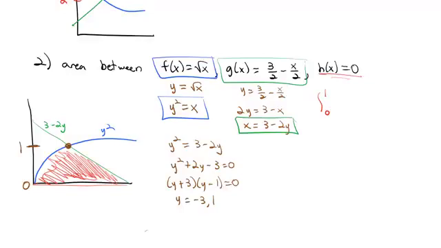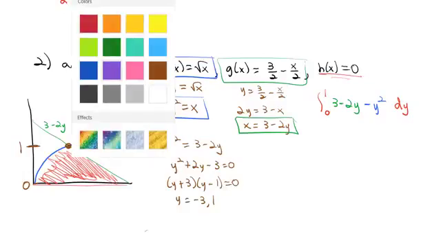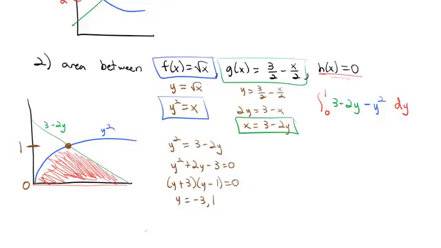And if we look at it sideways, we see the green function's on top. That's the 3 minus 2y. And then we'll subtract off the blue function, the y squared, and we'll integrate that with respect to y. And now, rather than having 2 integrals like we did before, we only have 1 integral. Hopefully, we get the exact same answer. Let's see.